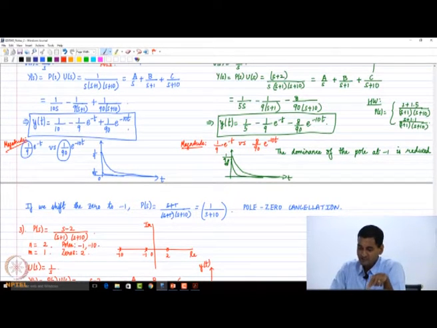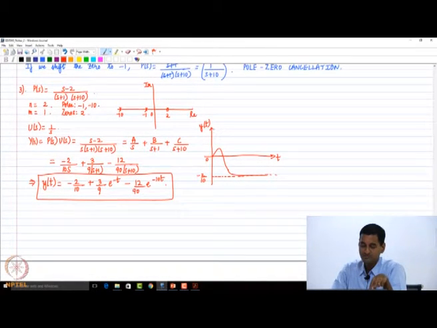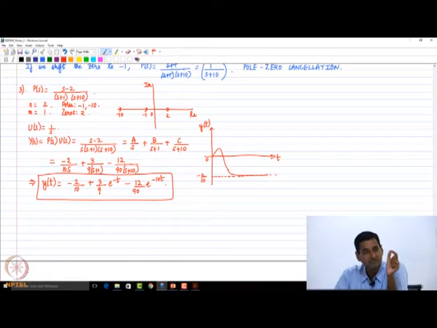But in this particular problem, if you plot the output function, which is enclosed in this red box, you will see that it will start at 0 at time t equals 0. Final value is going to be negative in this particular example. It will so happen that initially the values will be positive, then it will change sign, and then it will come to the final value of -2/10.